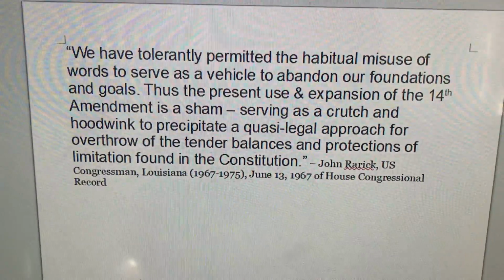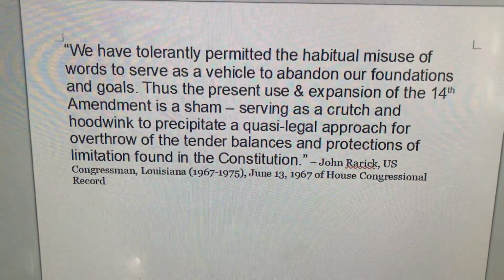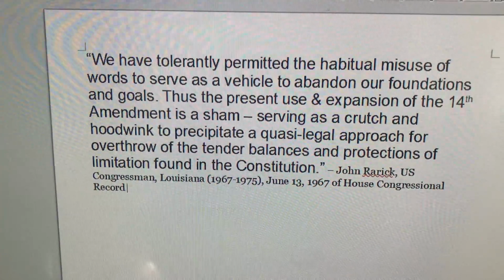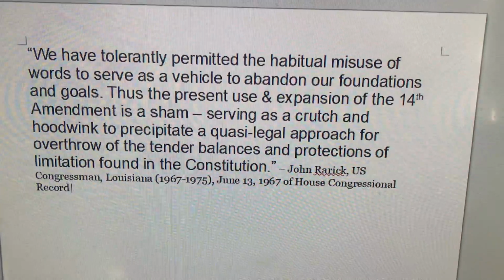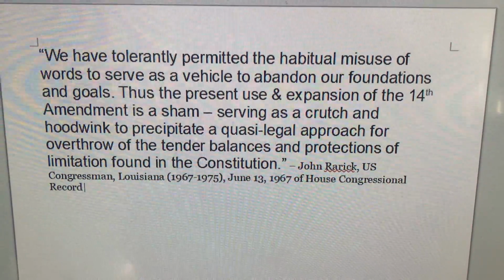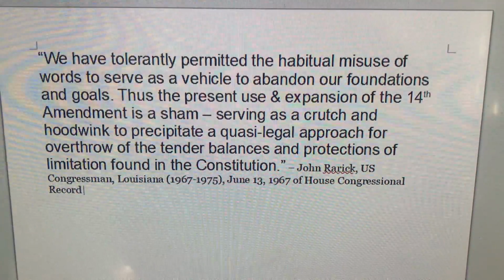And I wanted to start off this video planting the seed that the beginning of this, the foundation of this voluntary bond servitude that you're in, was with Reconstruction and the 14th Amendment. The 14th Amendment is a wicked, wicked amendment.